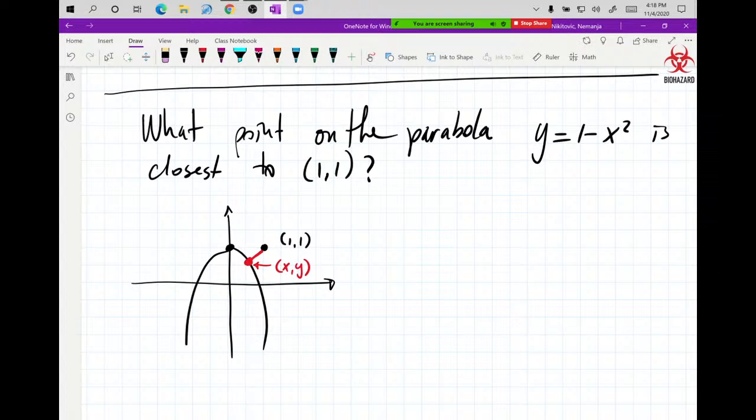Okay. So, yay, I already have the constraint. Constraint is that the point has to be on the parabola. So the only thing I need is a formula that will connect these two. Does anyone know what that formula might be?